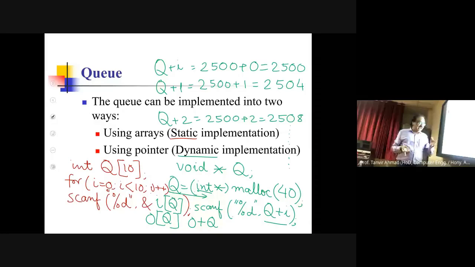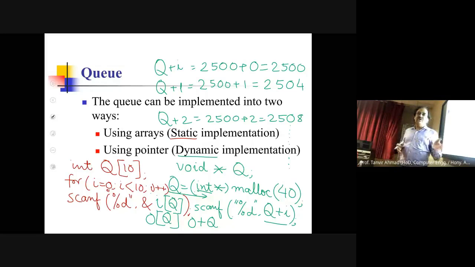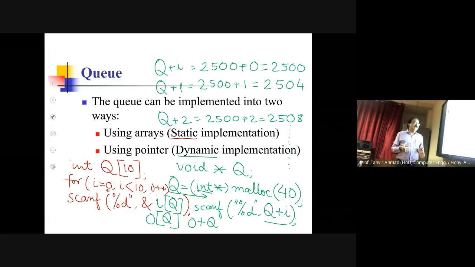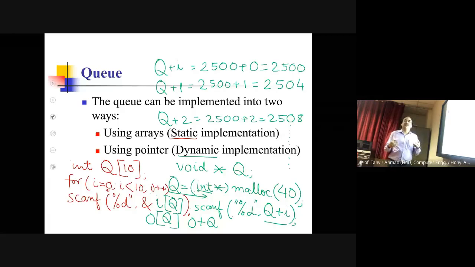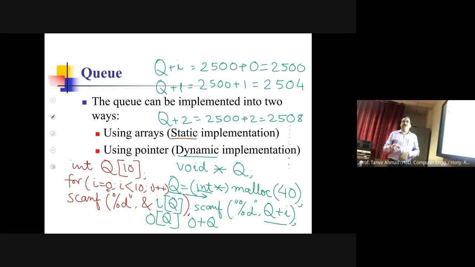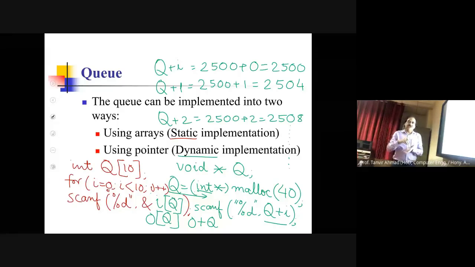Therefore, even if I write i of q or q of i, it is interpreted internally by the compiler as 0 plus q or q plus 0. If you write q of i, it is interpreted as q plus 0. If I write 0 of q, it is interpreted as 0 plus q. Therefore, even if you are using it as an array, internally the compiler is treating it as a pointer only. And therefore, this is perfectly valid.